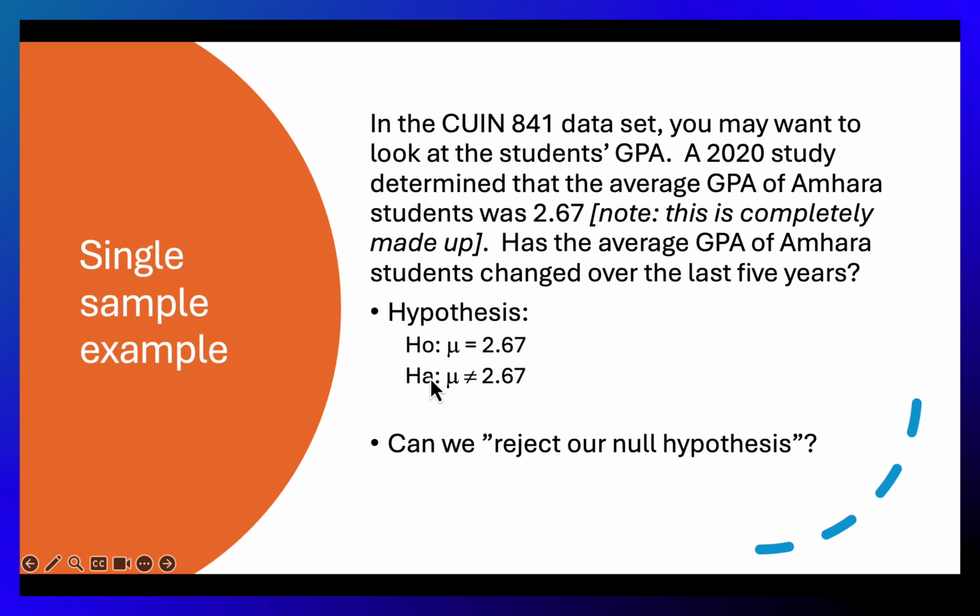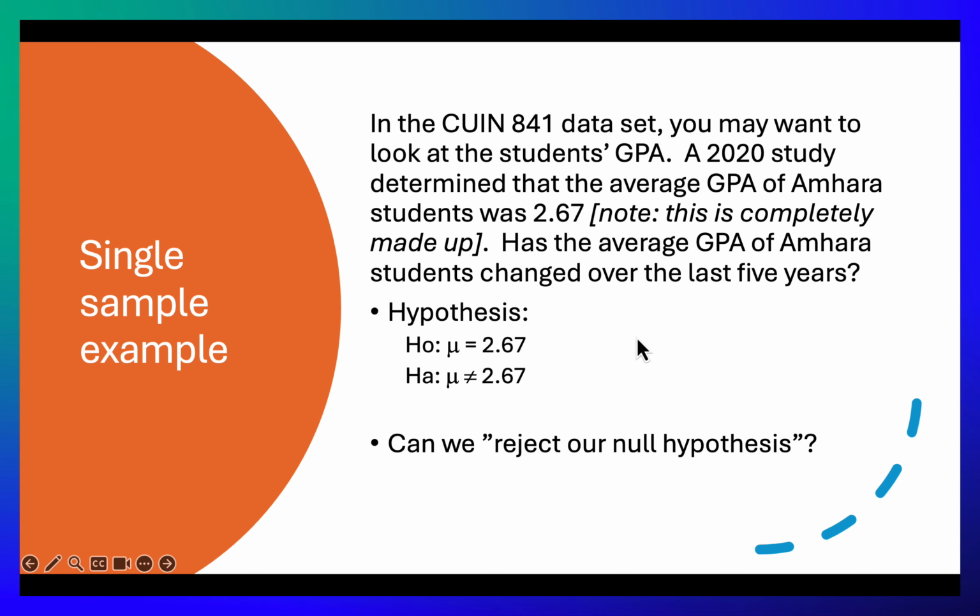So the single sample example here is basically saying we have one sample of students from 2025, Amhara students, we have their GPAs, and we want to look at that entire sample and see whether or not the value of their GPAs is the same as what it was 5 years ago, 2.67, or if it's different.